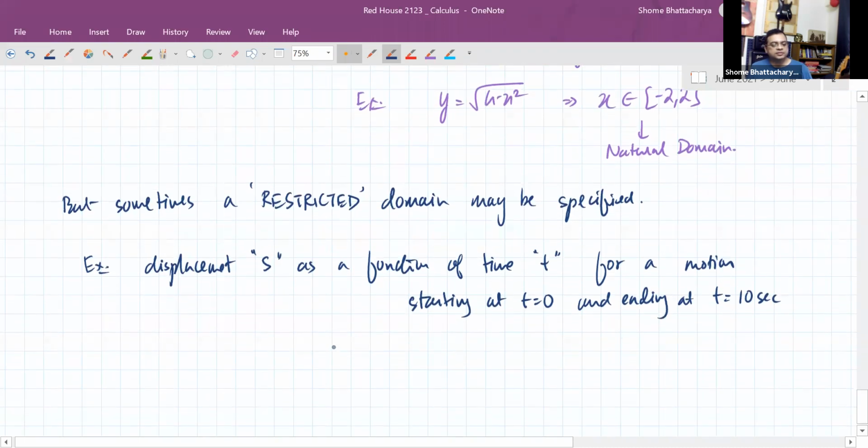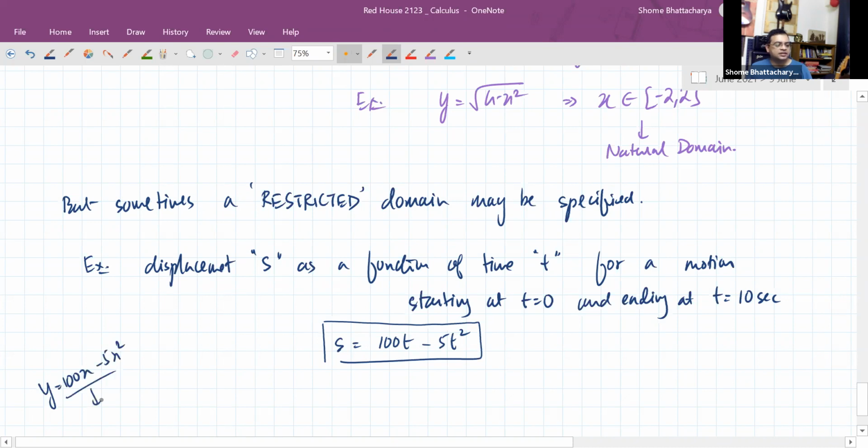And that displacement is given as, let's say, 100t minus 5t squared.